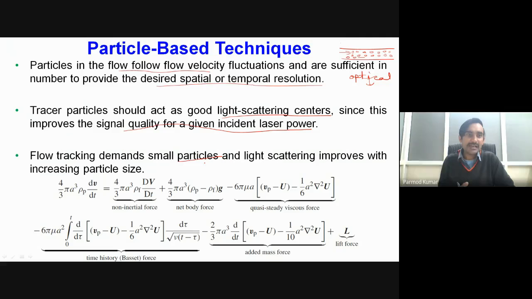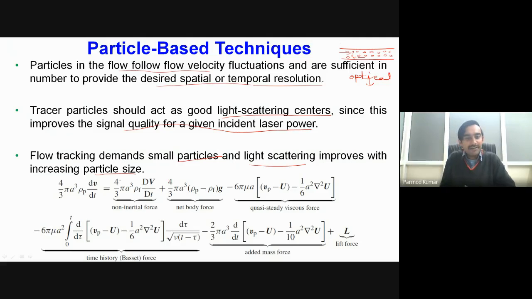Because of that, flow tracking demands that particles should be as small as possible. However, in order to achieve good light scattering characteristics, the size of the particles should be large. Okay, so what do we have to do? We have to make some trade-off between the size and scattering characteristics of the particles, and based on that, select some optimal particle size.